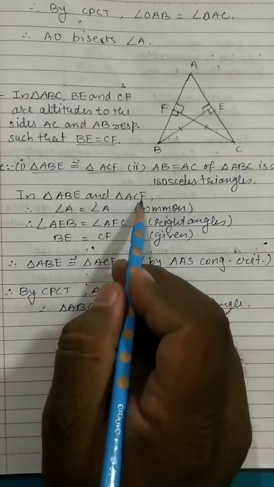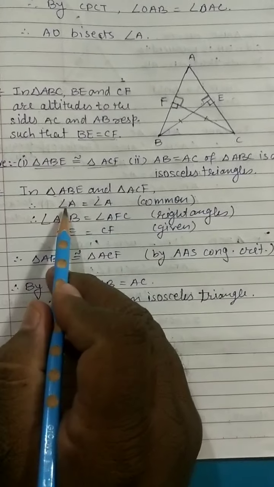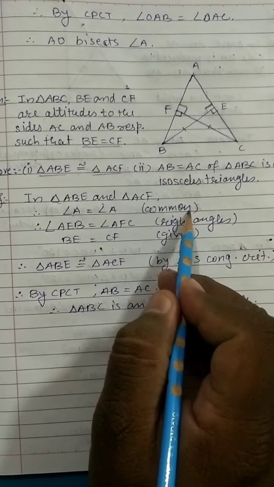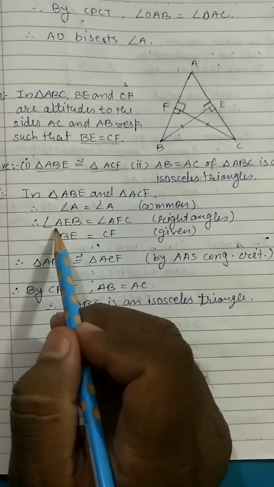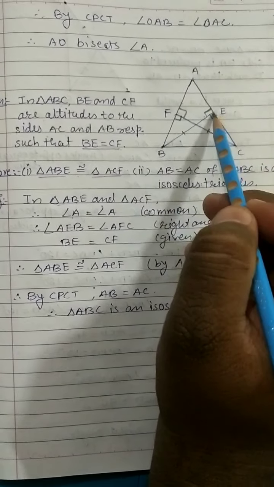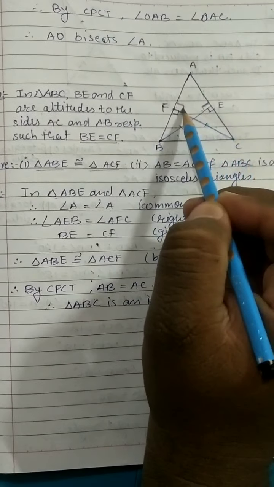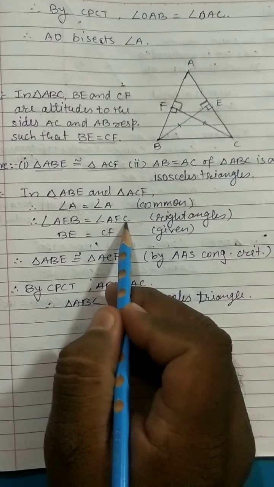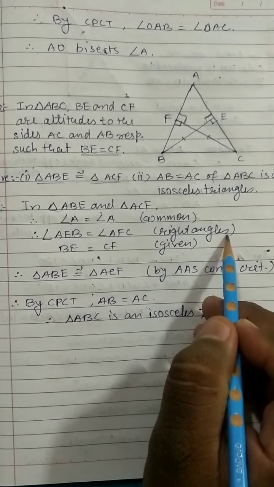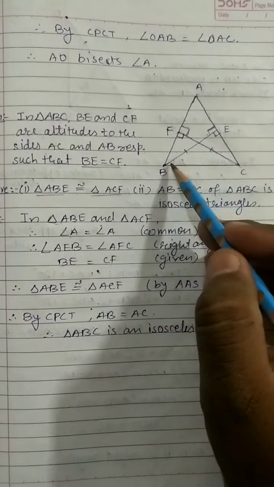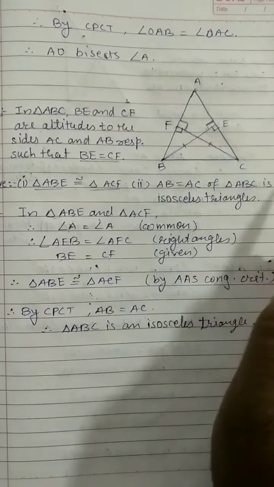Okay, now start. In both of these triangles, angle A and angle A are common angles, right? Okay, next, angle AEB, this is 90, and angle AFC, that is also 90. So both are equal due to right angles, and BE is equal to CF, which is given to us.